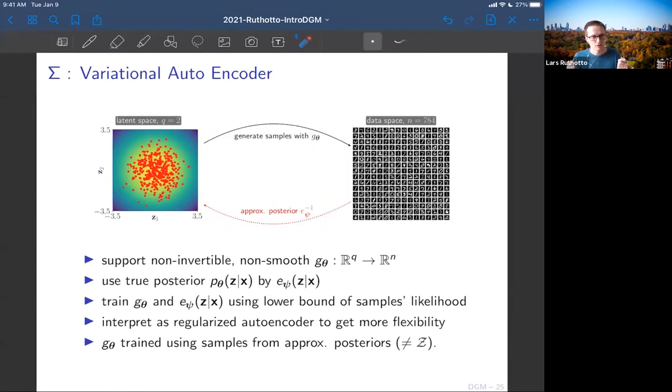Having a correspondence means that we can look, for example, at the reconstruction loss of the encoder and the generator. If we have no correspondence, we really have to look at the training loss by comparing distributions. VAEs at least circumvent that problem somehow, because there is a notion of correspondence.